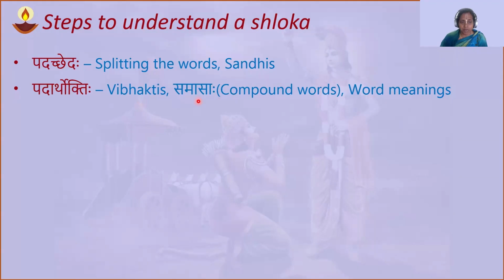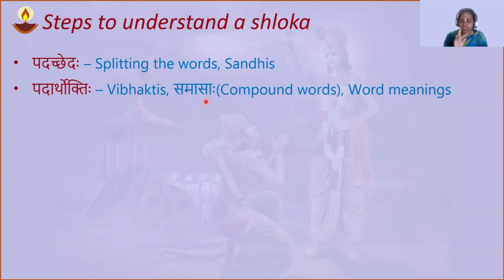Then we need to understand Samasas, which are compound words. For example, book table is a compound word in English, correct? That means a table with books. Similarly, in Sanskrit there are samasas. For example, Rama Lakshmana means Rama and Lakshmana.